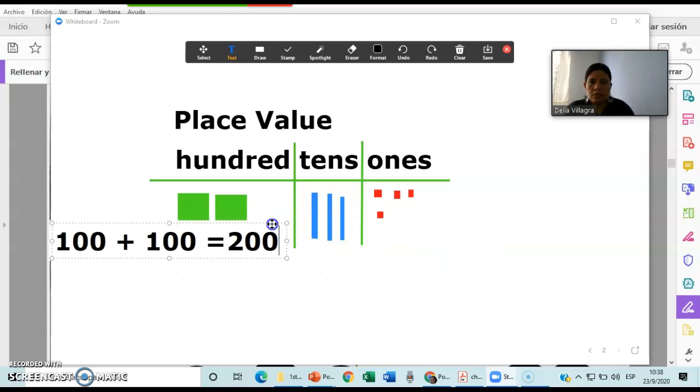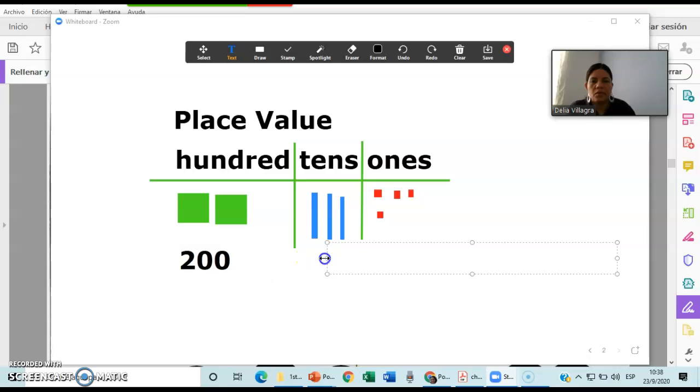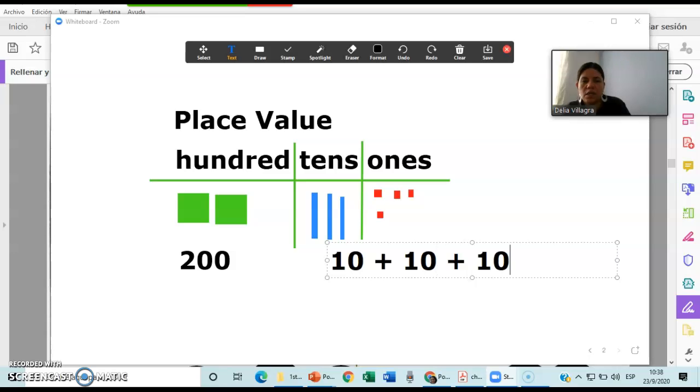Yes? Okay. So I have 200 here. How many tens do I have? 1, 2, 3. Why? Because each of them represents 10: 10 plus 10 plus 10.